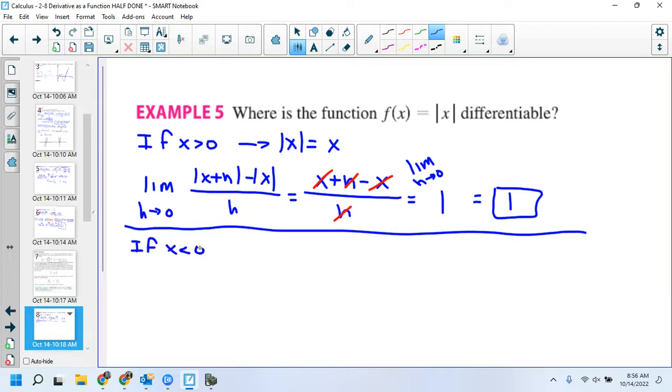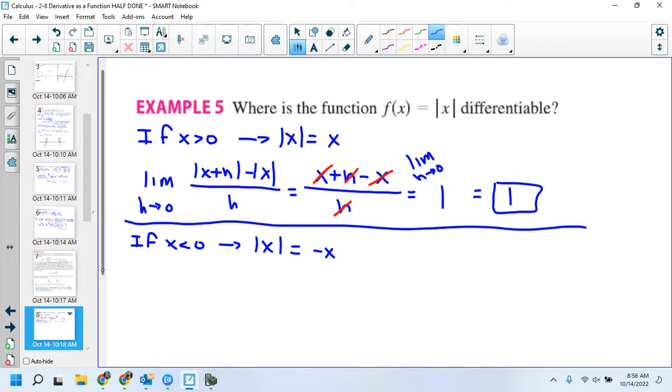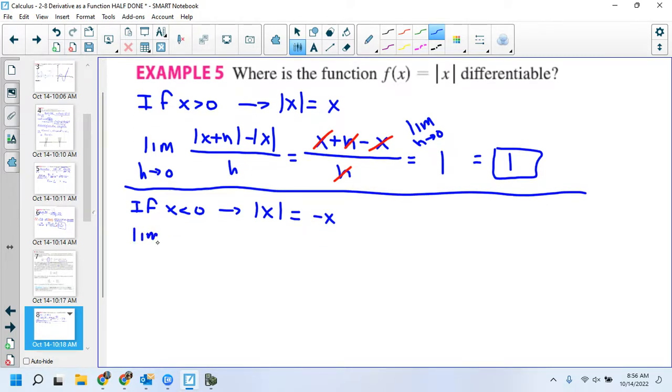if x is less than 0. Well, if x is less than 0, what is the absolute value of x actually going to equal? The opposite, negative x, right? Okay, so let's evaluate that. The limit as h goes to 0 of, okay, so now I've got to put a negative in front of it.